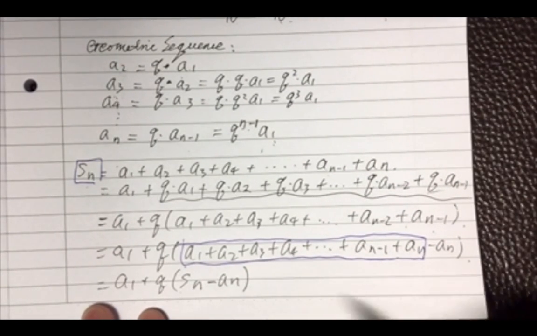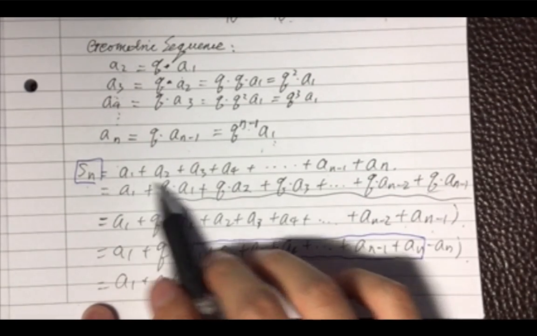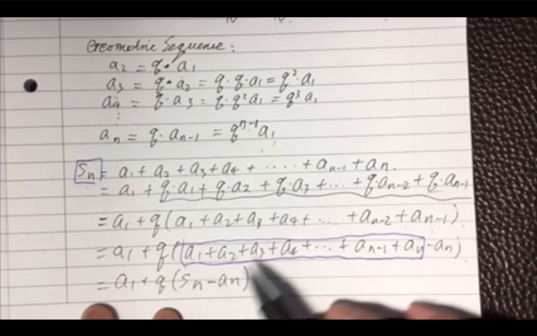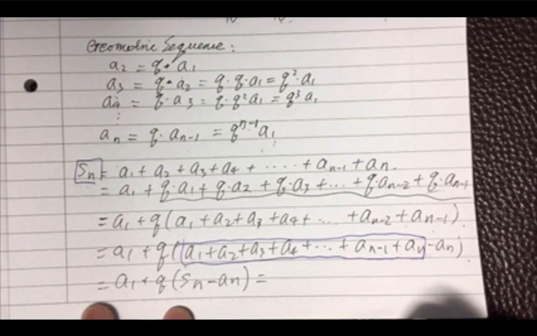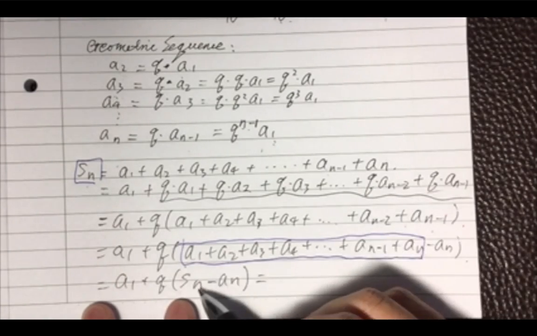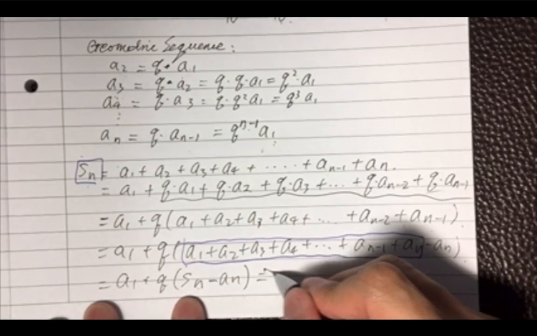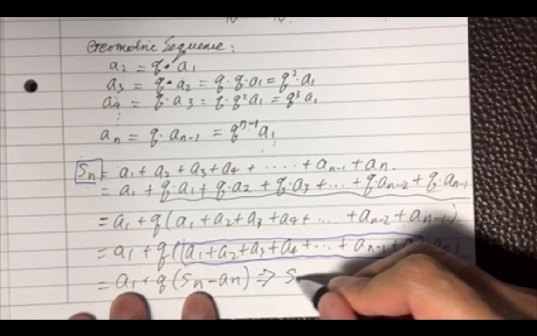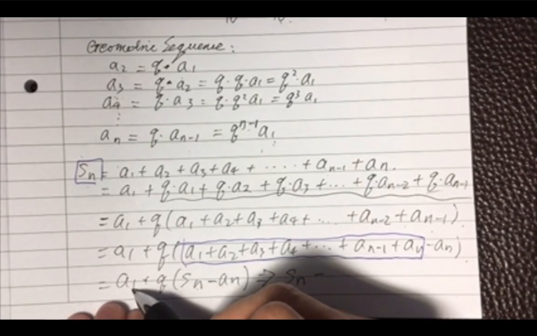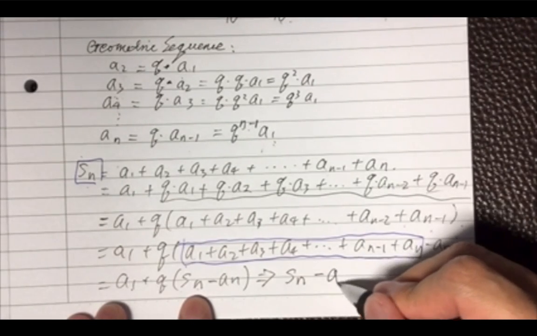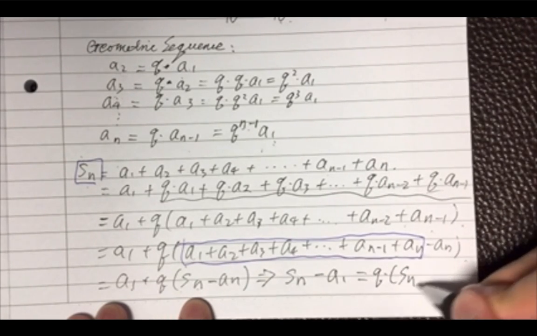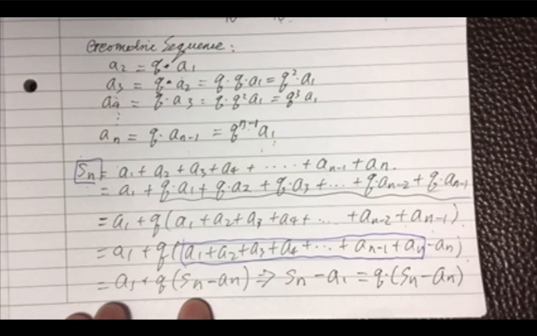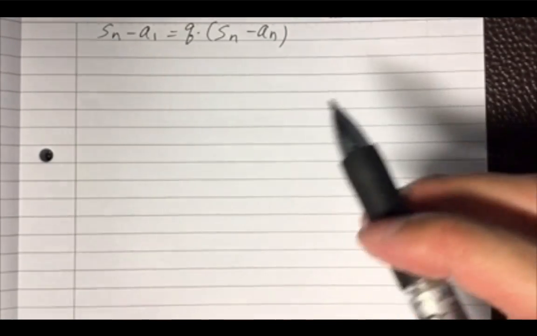It's more specific. At least you write something infinite into something finite. Then we shift this Sn to the same side. So this equation will be Sn, shifting this to the left hand side, minus a1 equals q times (Sn minus an). Okay, we shift the whole thing here to a new page so everything will be clear.